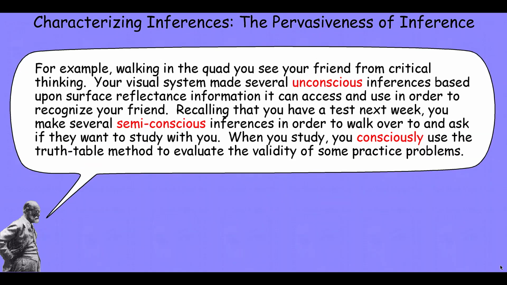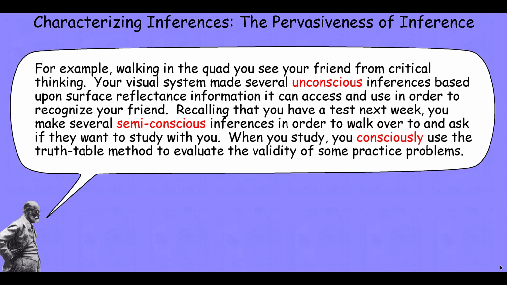And when we think about inferences in this way, it's important, and this is why I use Sigmund Freud as our spokesperson for this part of the lecture. It's important for us to realize that these psychological processes aren't just the ones that we're consciously aware of or deliberately using. When we're walking on the quad, we might see a friend of ours from critical thinking.